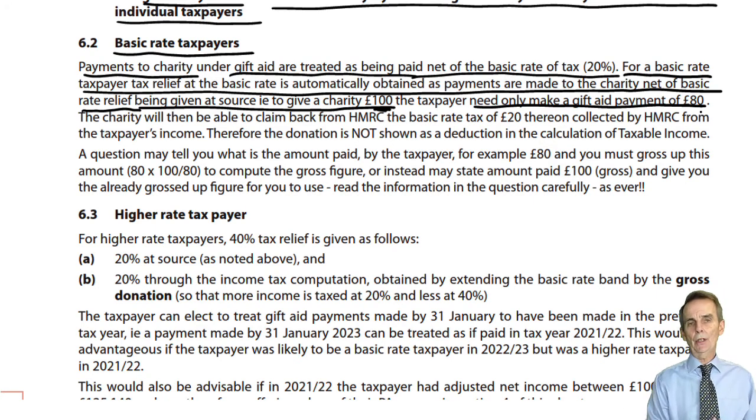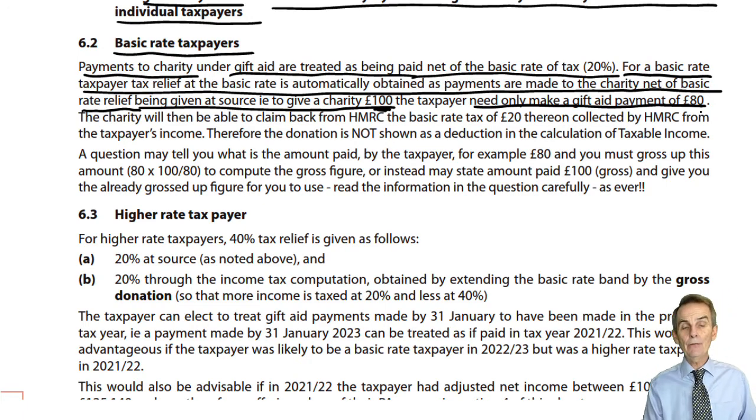So you wanted to give your favourite charity the benefit of £100, but you only physically have to pay £80 to the charity. Because you are a basic rate taxpayer, you would have suffered basic rate tax on the income that you received, leaving you with net income of £80 in your pocket.